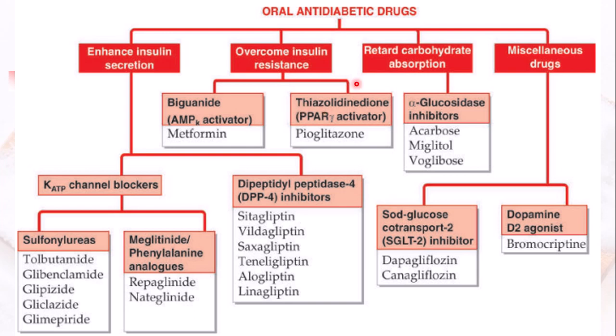So now we go to those that retard carbohydrate absorption, the alpha glucosidase inhibitors. As I had said earlier, these function to inhibit specific enzymes in the GIT that result in the conversion of starch to glucose.